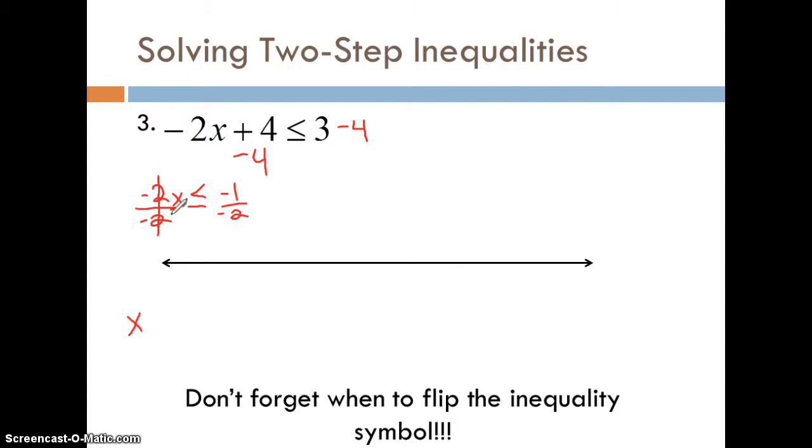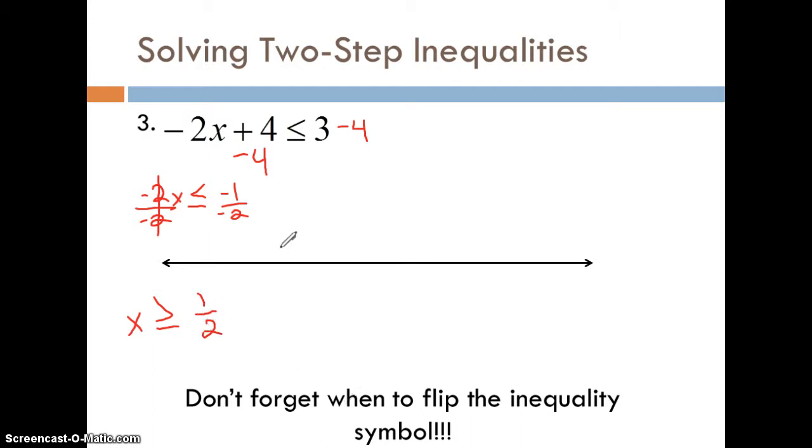But remember, anytime you divide or multiply by a negative number, you flip the inequality. Since we divided by a -2, we flip the inequality. So we end up with -1 divided by -2. Negative divided by negative is positive, and you're just left with 1/2.